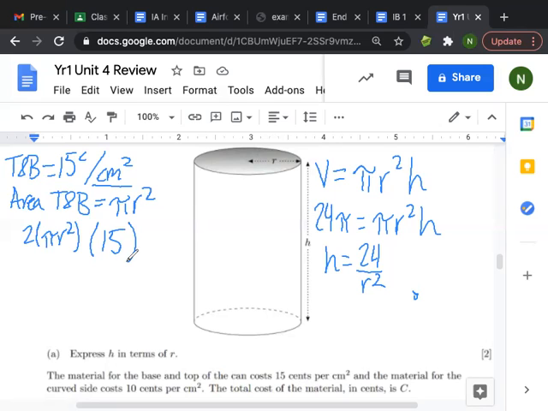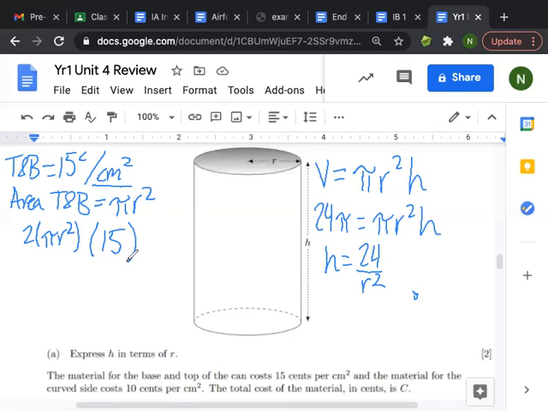If I find the area of the top of a can, let's say it's 3 centimeters squared, and it costs 15 cents per centimeter squared, how much would it cost me to make the top? 45. And then the bottom is the same size, so times 2 is 90.